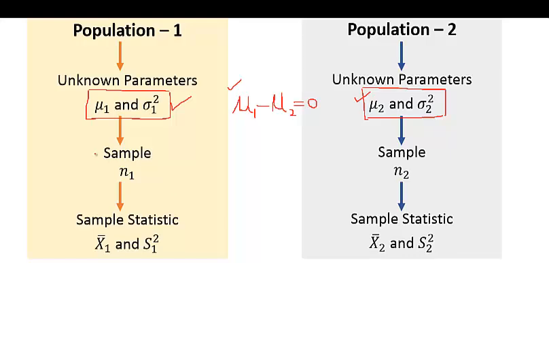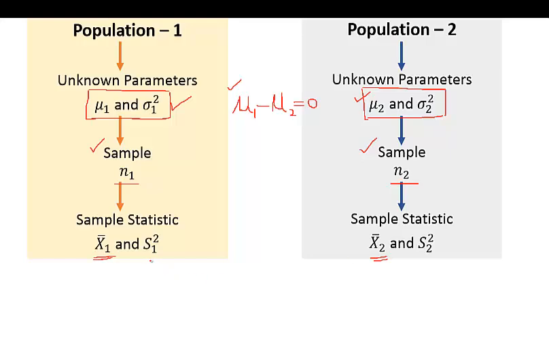We will draw a sample of size n1 from population 1, and then a sample of size n2 from population 2. Similarly, we will have some calculations from sample 1 and sample 2 simultaneously. X1 bar represents the sample mean from the first sample, and x2 bar represents the sample mean from the second sample.